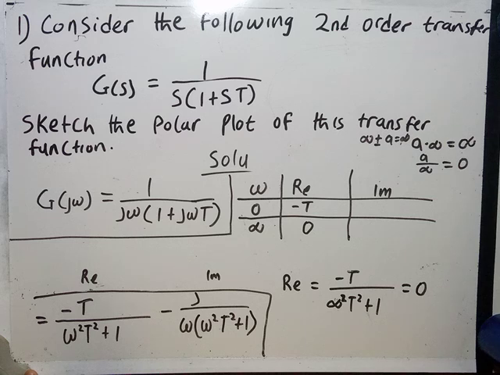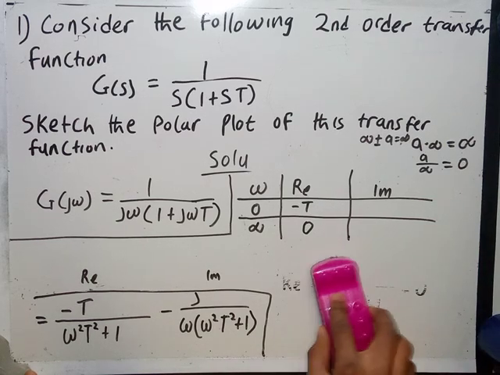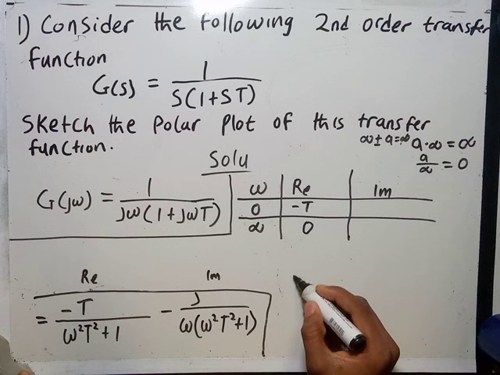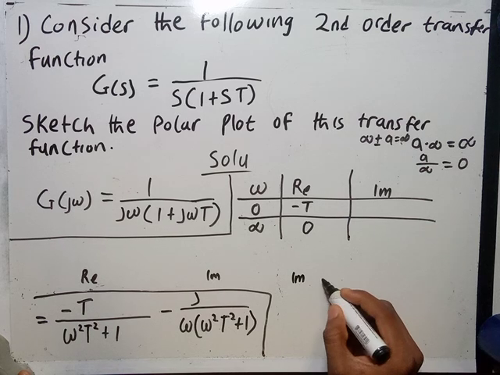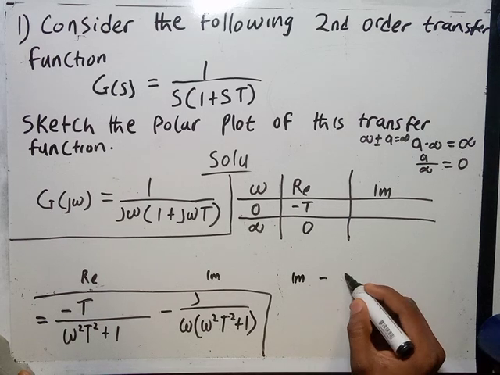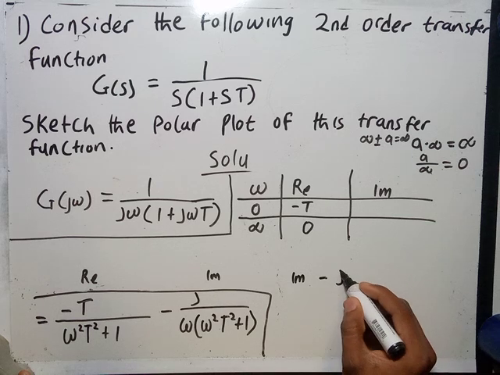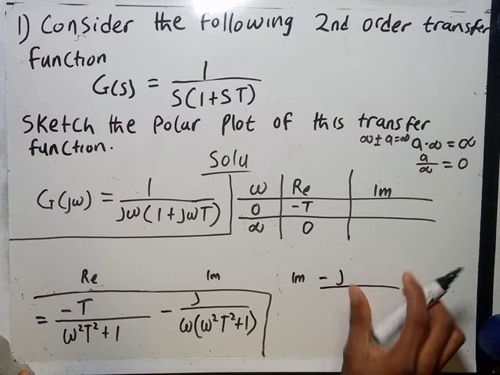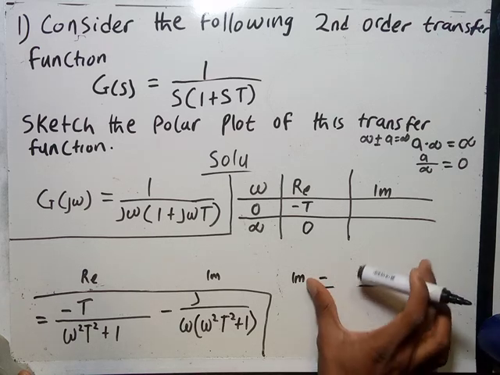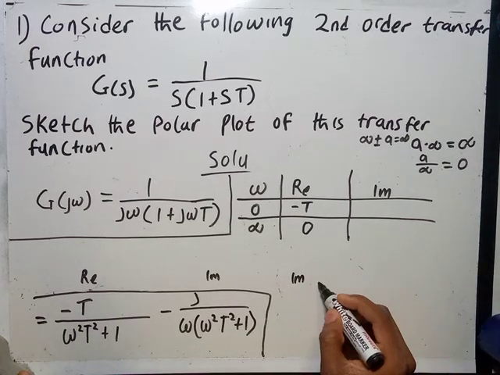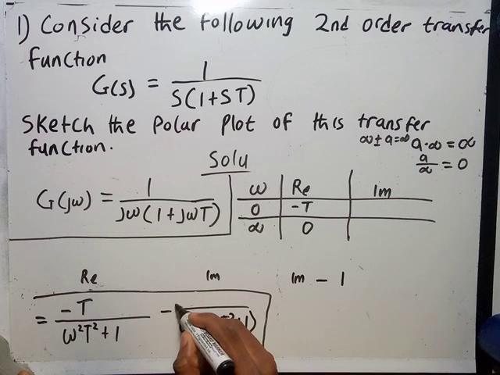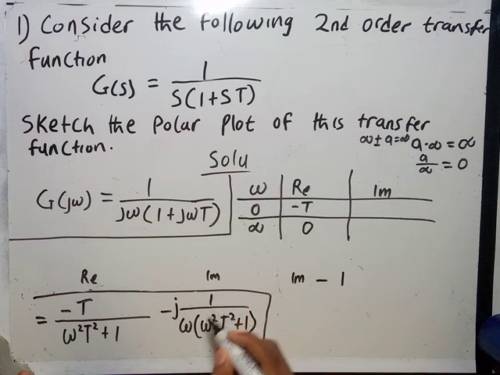So now let's solve for the imaginary part. For the imaginary part, we have minus j over, sorry, we won't be putting our j this time around, so it will be minus 1. Our j is only to show that this is imaginary.